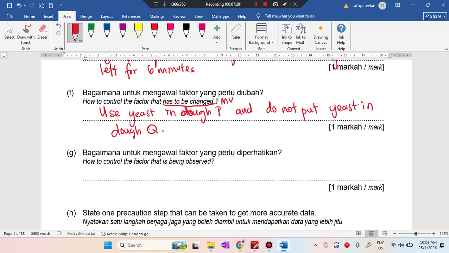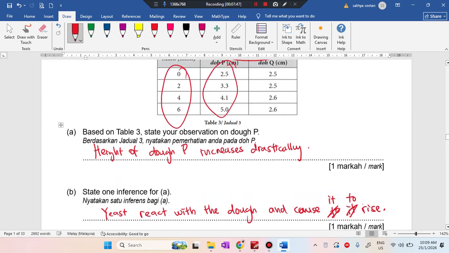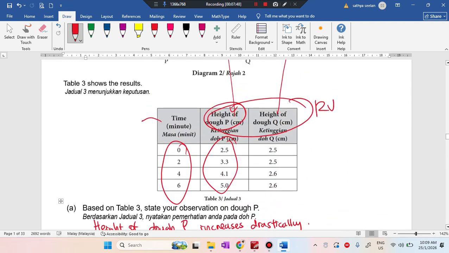How to control the factor that is being observed? Being observed means responding variable. The question will always ask these things. Okay, how to control the factor that is being observed? This one we measure, right? Observe and record is for counting. This one is for measuring. Height you can measure, right?